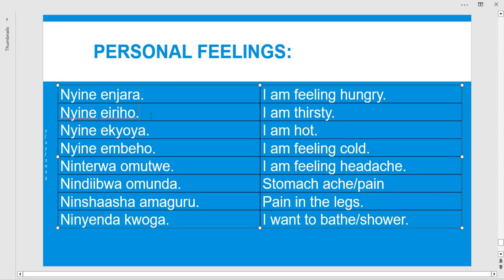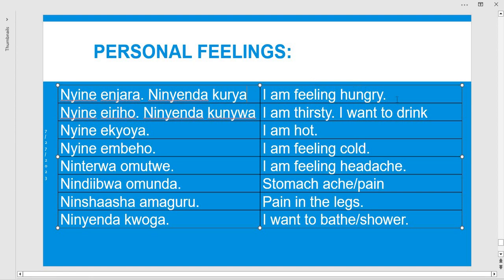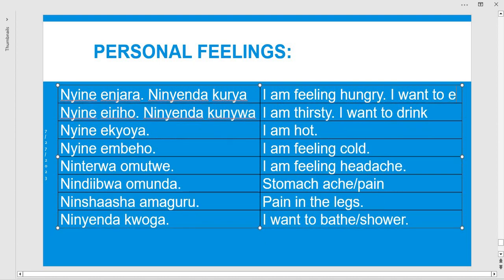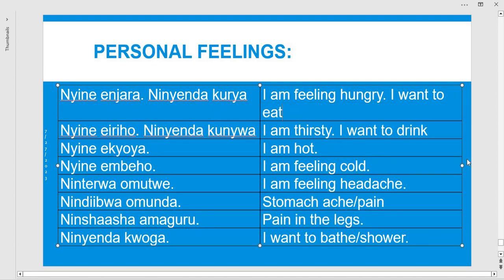When you're thirsty, you say ninyenda kunywa, I want to drink. If you say nyinenjara, then you add ninyenda kurya, and that means I want to eat.